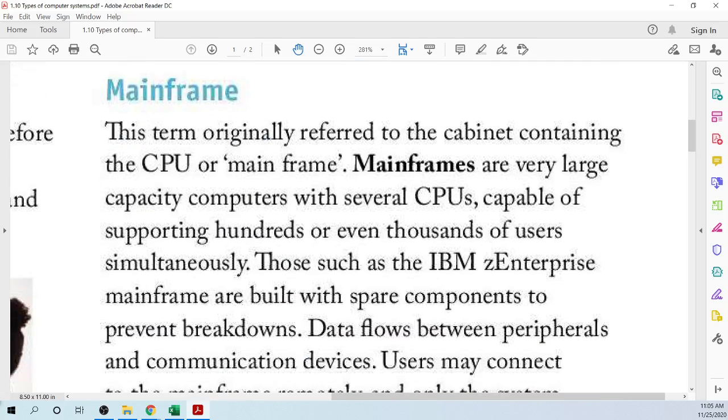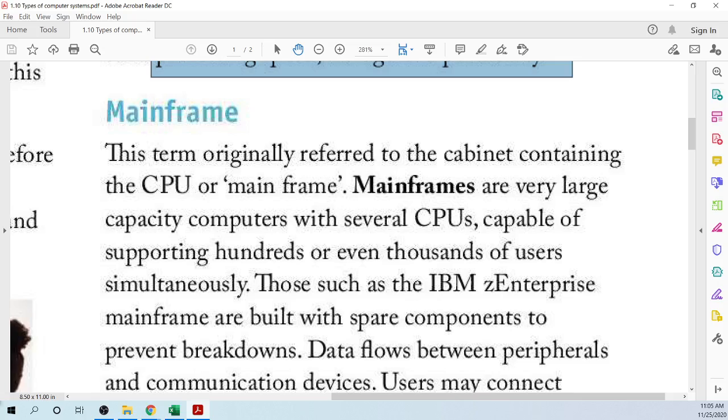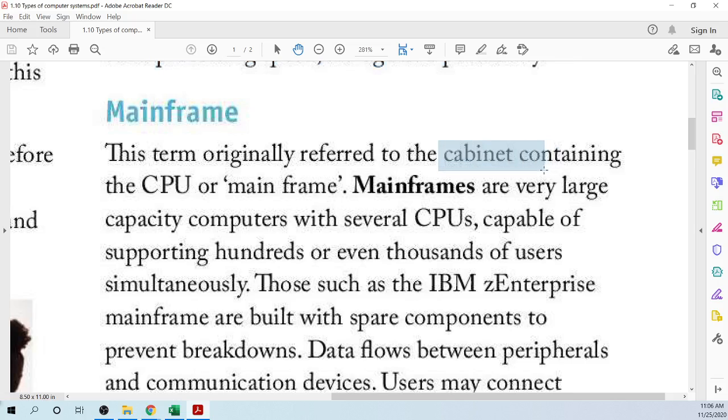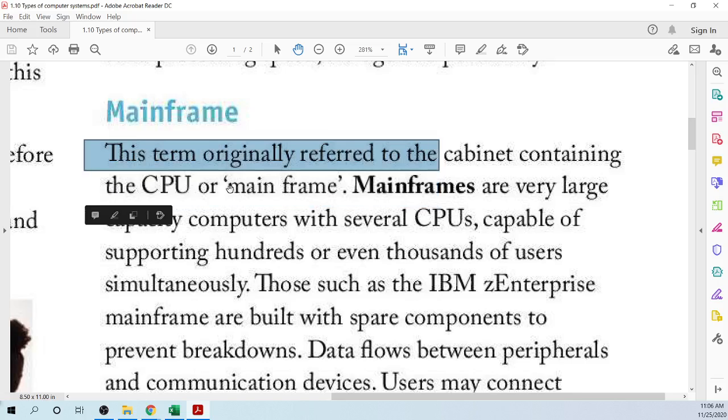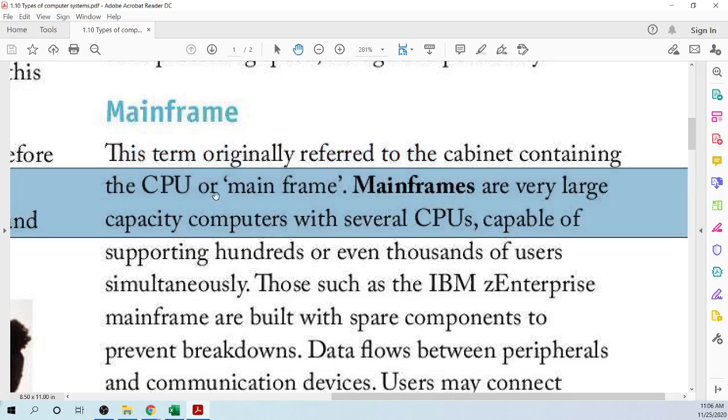So the first type of computer system we'll be looking at is the mainframe computer. We'll be looking at it in parts again. Now, there are different advantages and disadvantages, so I hope you guys take note of them. The term mainframe actually refers to the cabinet that contains the CPU, or basically the computer.